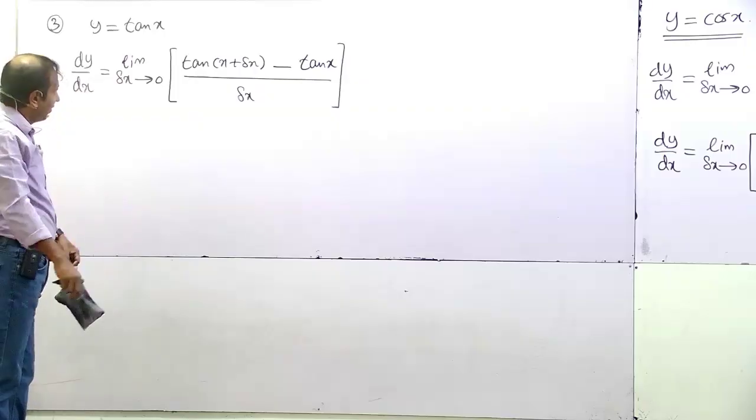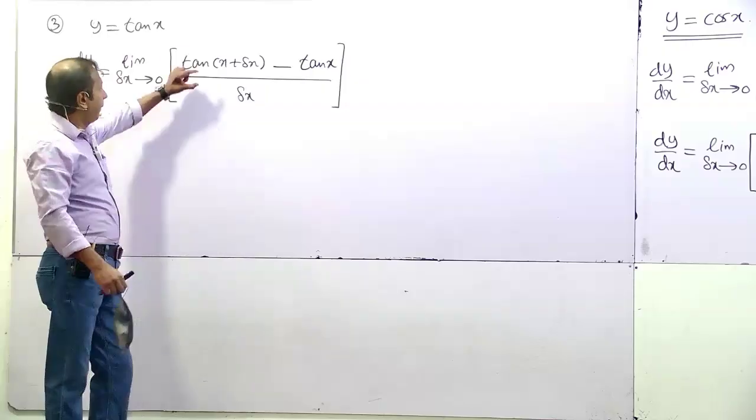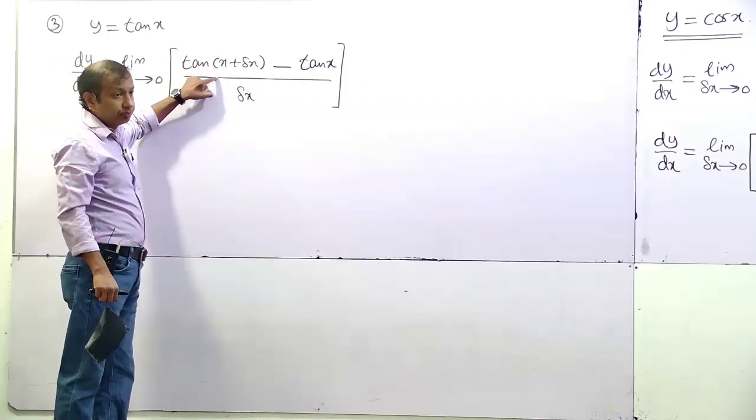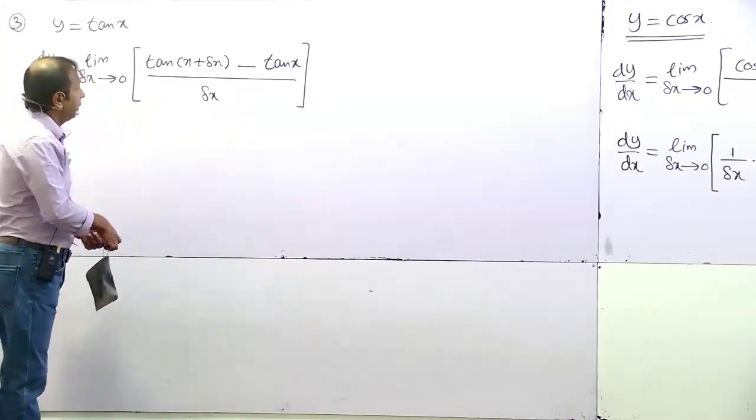Right. Now this tan I can write as sin divided by cos. This delta x I write as 1 over delta x, right?